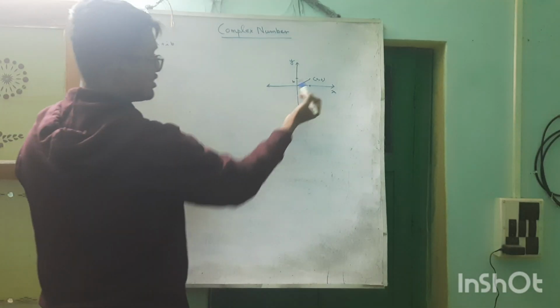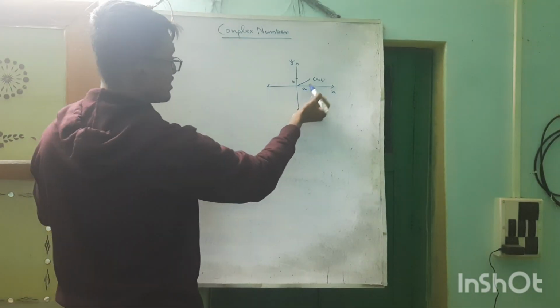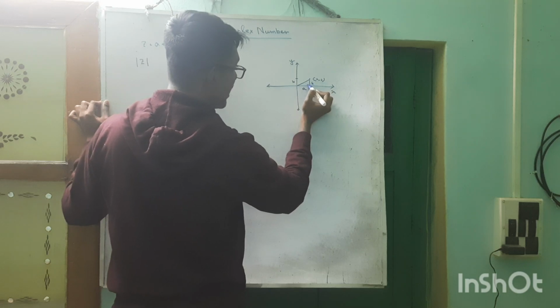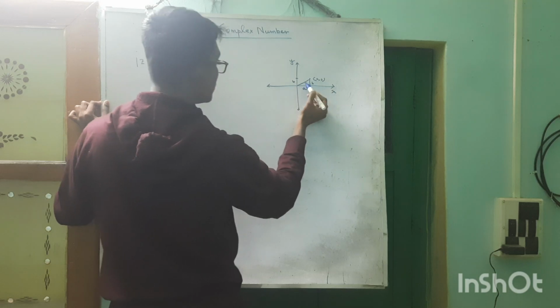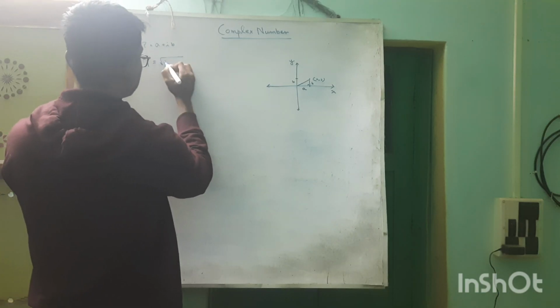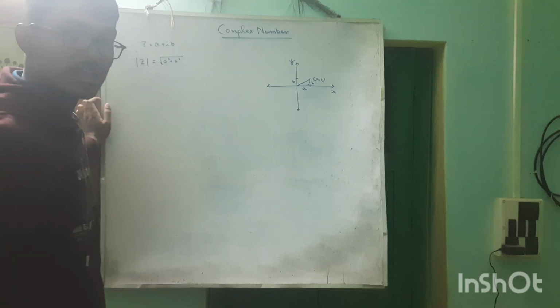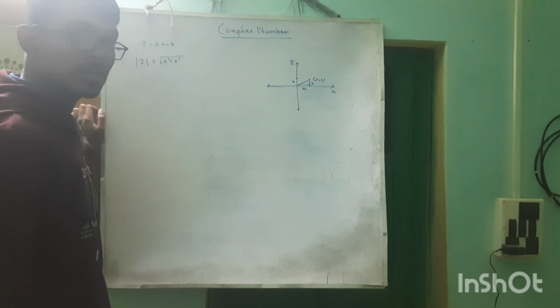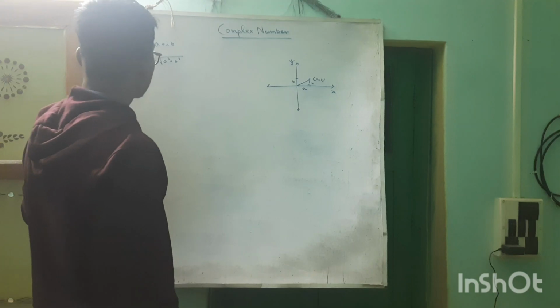So what is the distance? Actually this is a and this is b, right? And this is perpendicular, so this distance is root over of a square plus b square. So the modulus of a complex number is root over of a square plus b square. Okay.